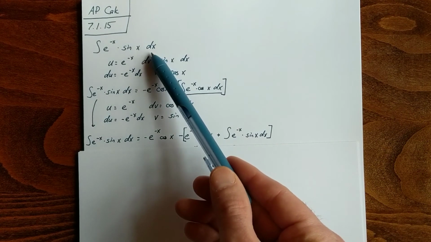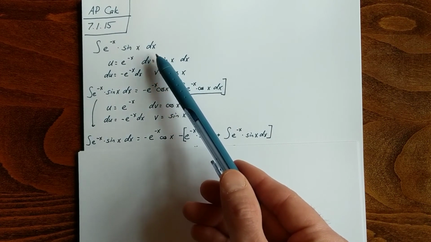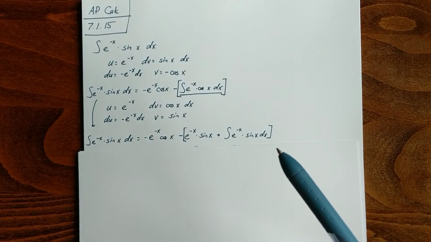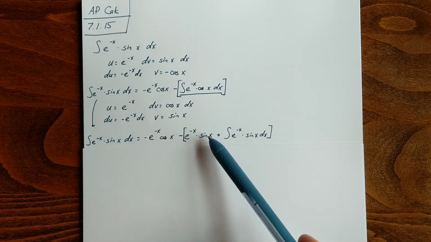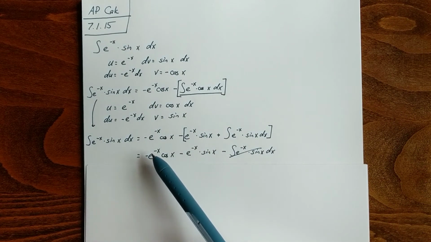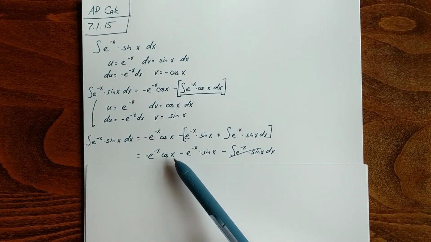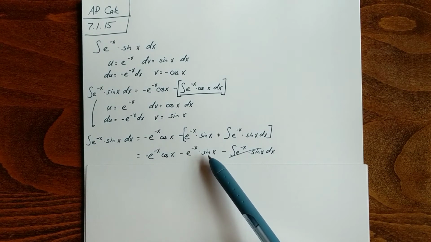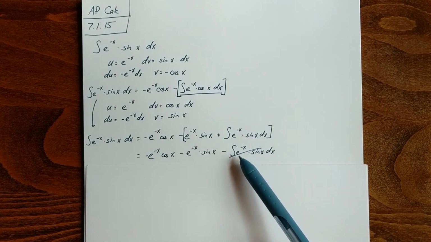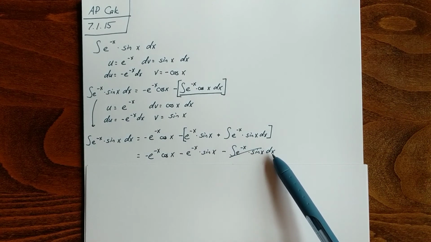And we should recognize that's the same integral as the one we began this whole process with. So we're going to distribute that negative now and get negative e to the negative x cosine of x, minus e to the negative x sine of x, and a minus the integral of e to the negative x sine of x dx.